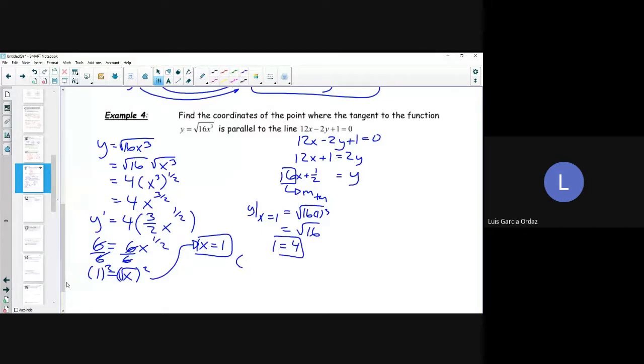So now my point is 1 and 4, which means that the point where the tangent to the function y is equal to 16x cubed is parallel to that line is at the point 1 and 4. So this is where the slope is 6. So, pretty easy.